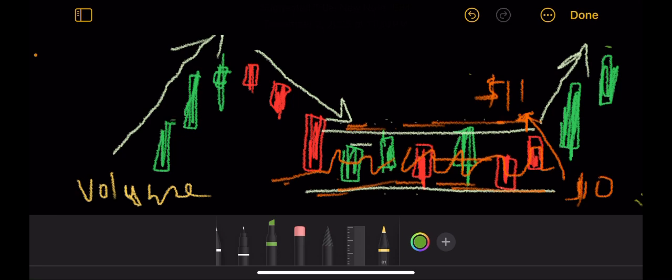You got green here. So these big moves will have long volume bars.